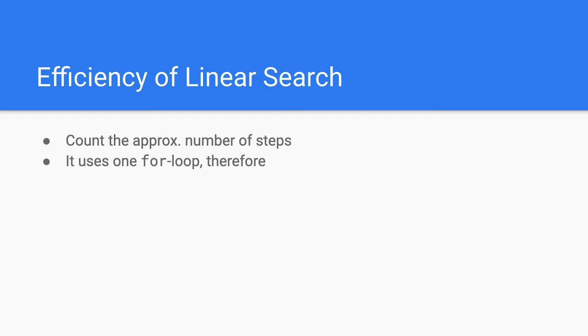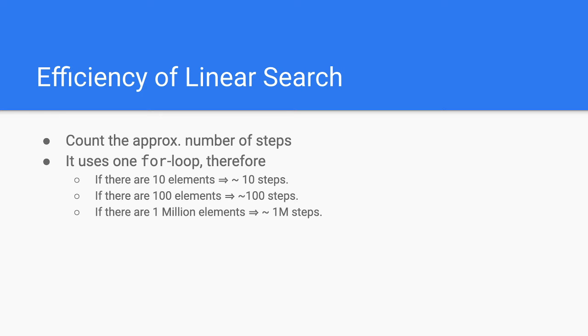In this algorithm, we are using one for loop, which means that if there are 10 elements in the array, the algorithm is going to perform approximately 10 steps. If there are 100 elements in the array, the algorithm is going to perform approximately 100 steps.